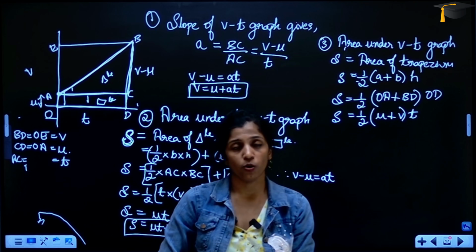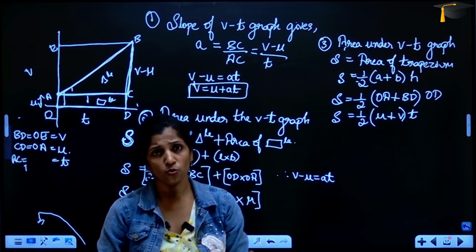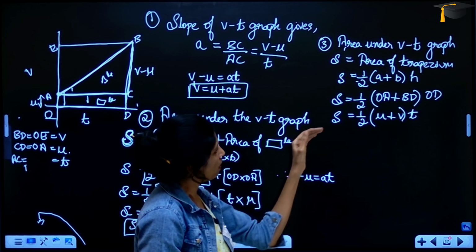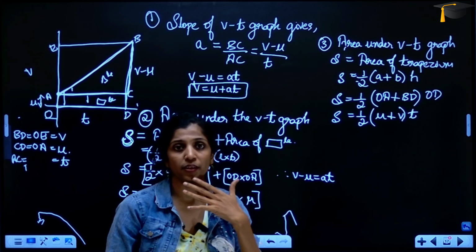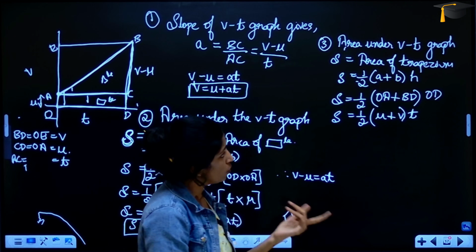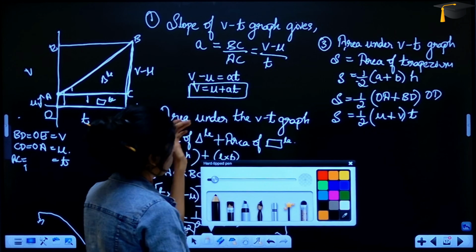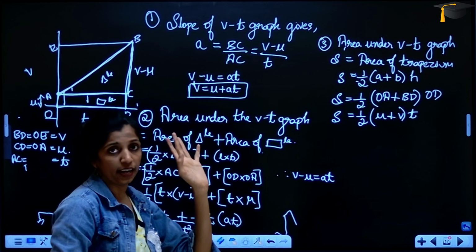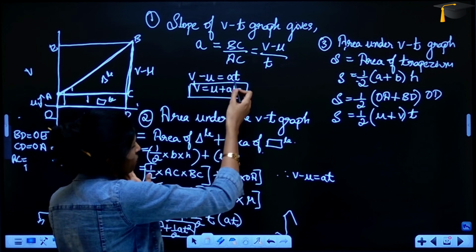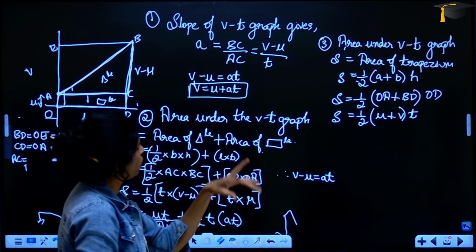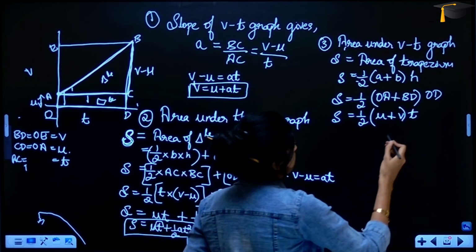But we need to get V square minus U square equals 2AS, right? Of course, some substitution has to be done. For that, we will again make use of the first derivation: V minus U equals AT.